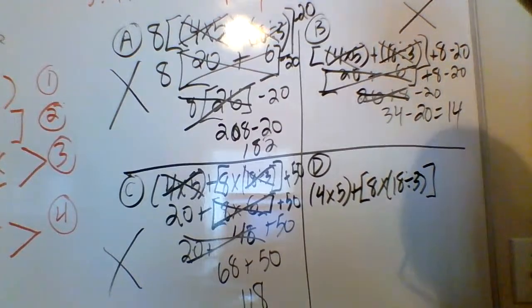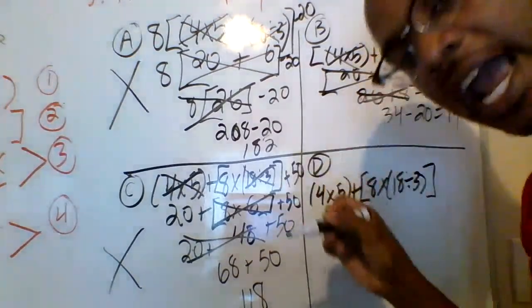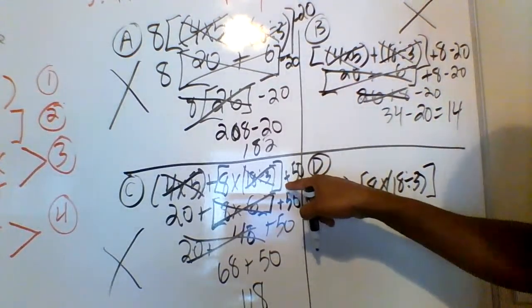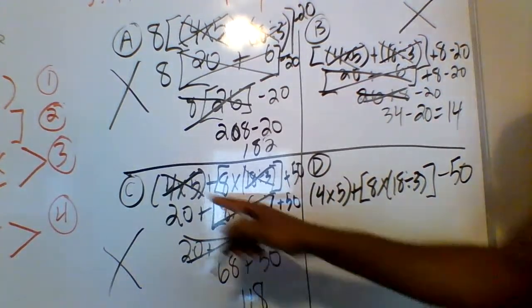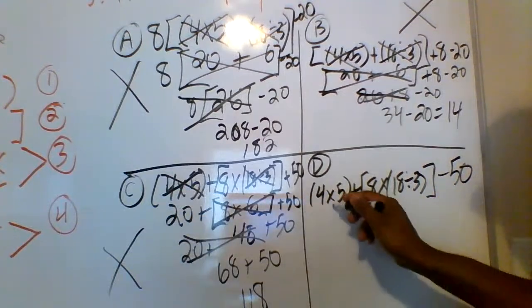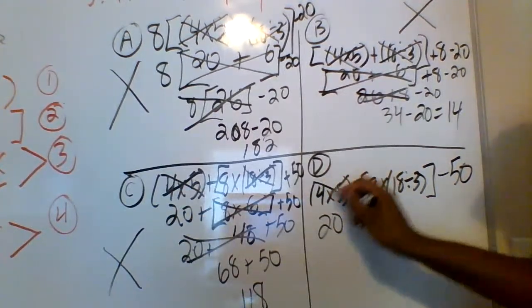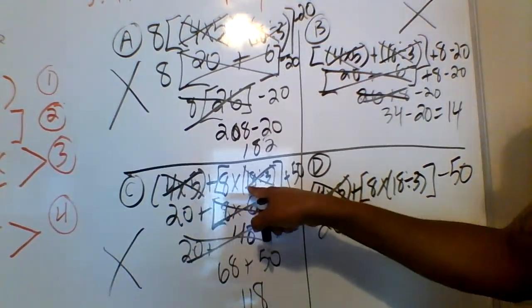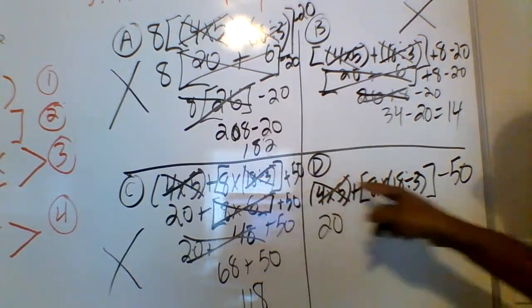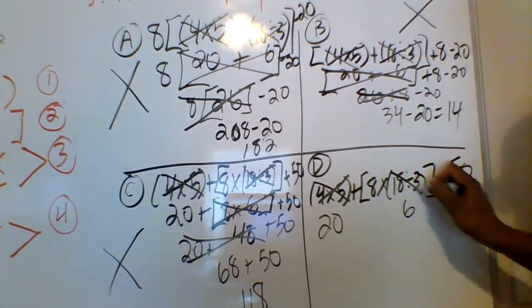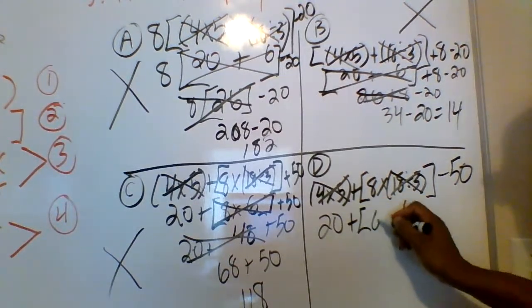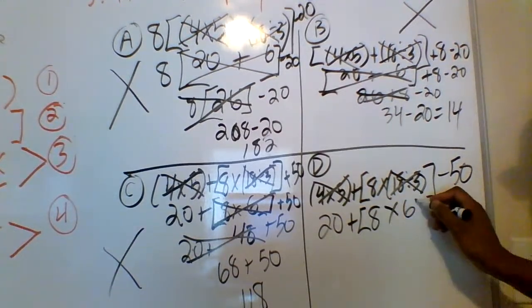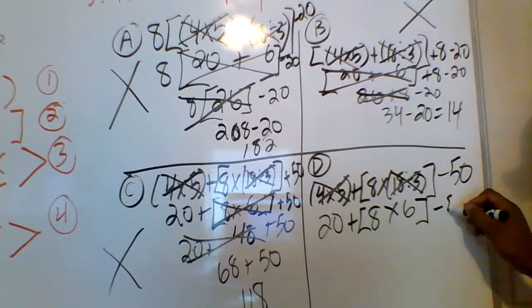Then at the end, on this one, you got minus 50 instead of plus 50. All right? So it's the same thing. 4 times 5 is 20. Cross it out. 18 divided by 3 is 6. Cross it out. Plus brackets 8 times bracket minus 50.